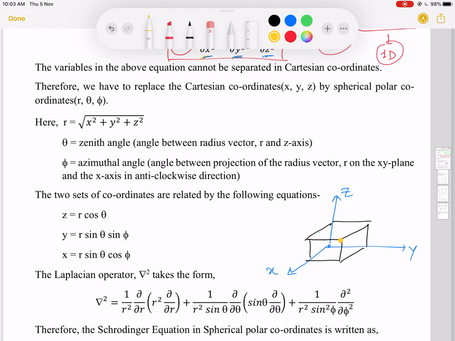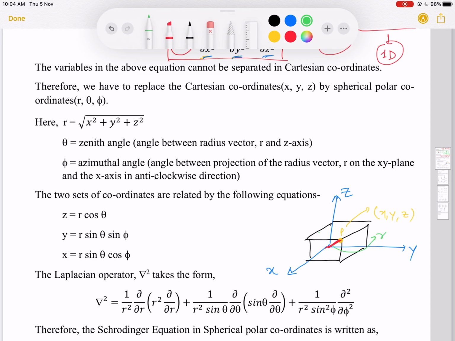Let's name this point P, and P will have coordinates x, y and z. If we draw a line from the origin to P, this line is nothing but your radius.